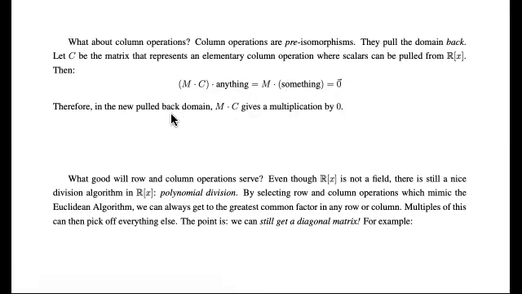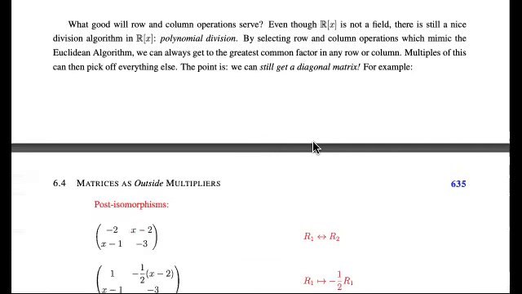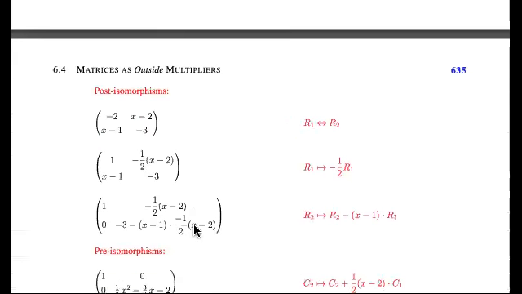So in our new domain, our domain might change by doing an isomorphism before, and when we do that, then in the new pullback domain, this actually gives a multiplication by 0. So we kind of have these ideas that we have multiplication by 0 occurring. So if we do these row operations back and forth, it's just an example on this.